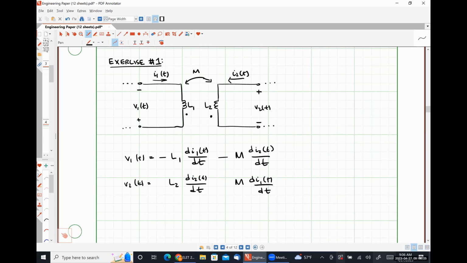So is the positive polarity terminal of V2 at the dotted terminal? Nope. Okay. So the positive polarity of V2 is at the undotted terminal. Is the current I2 entering the undotted terminal? Yes. So that means we're going to have a plus sign.